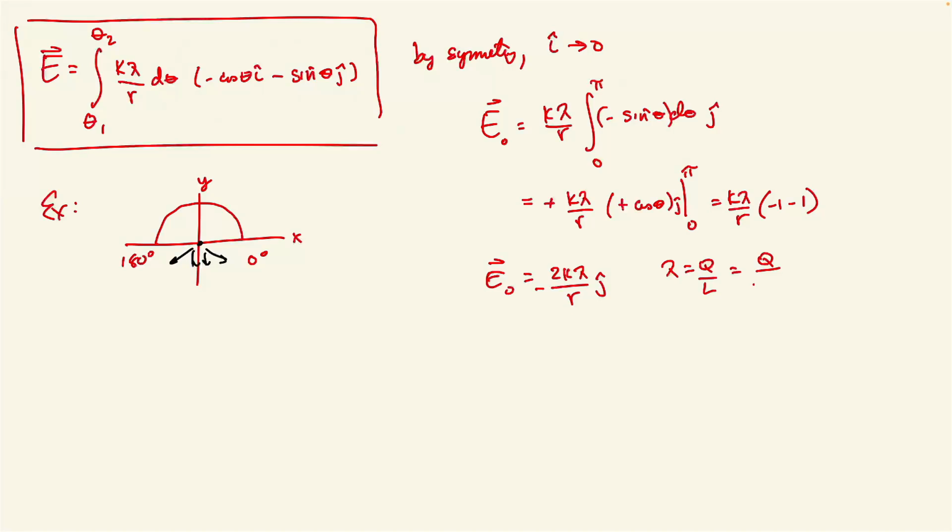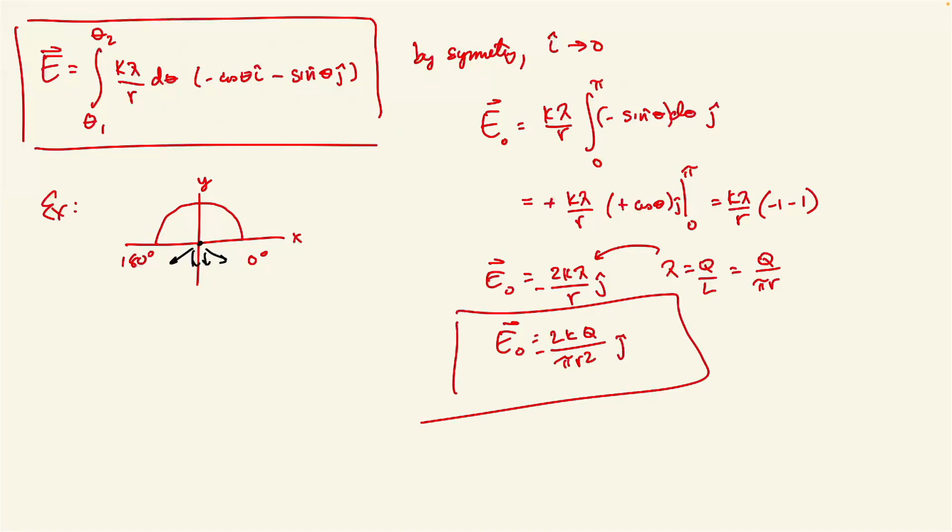It's pi times r. It's the arc length, right? We need a length in there, so it would be the angle times the radius. So yes, both of you are right. And then we could throw that in there, and our electric field at the origin is 2k q over pi r squared j hat with a negative sign. And there we go. That's the equation for a semicircular arc.